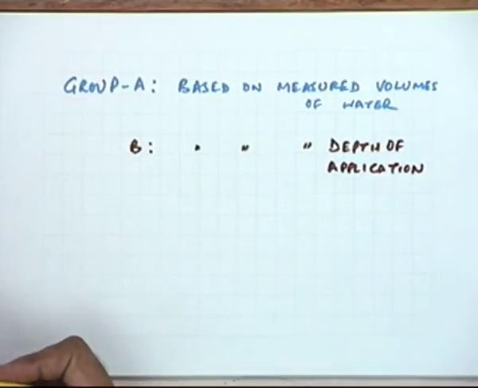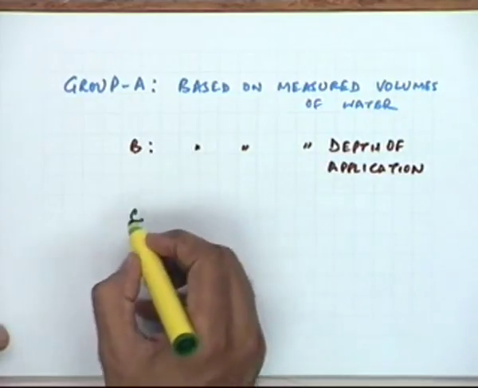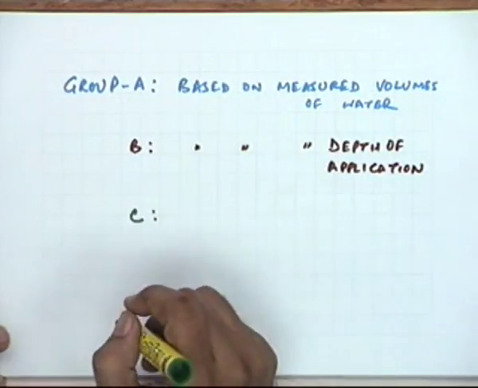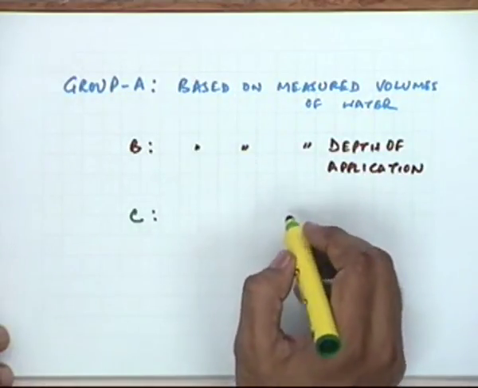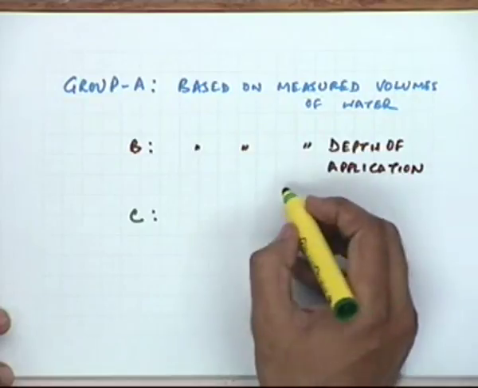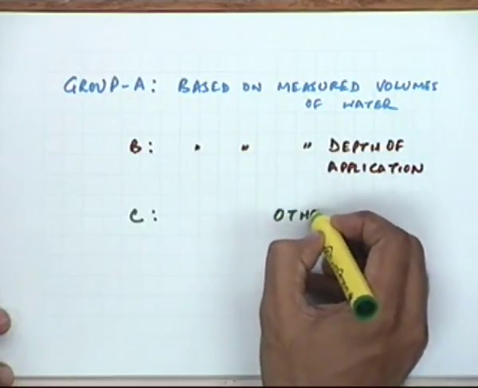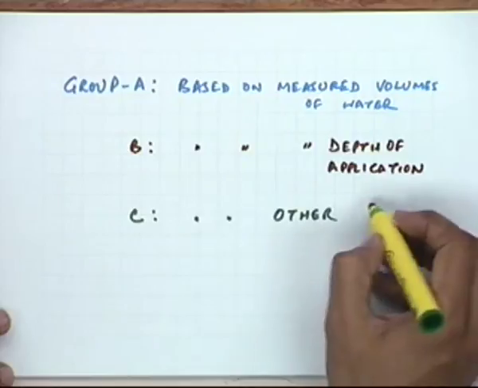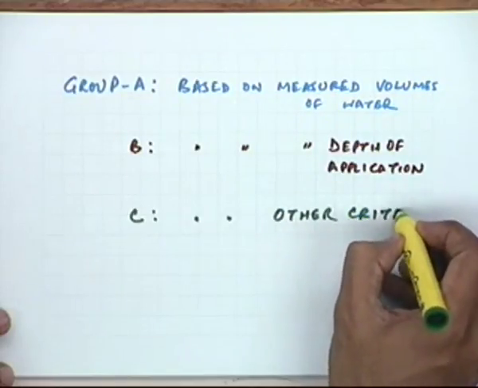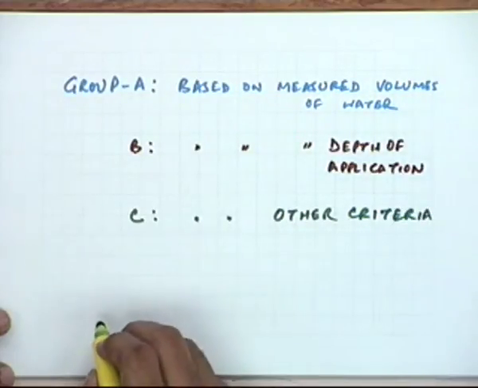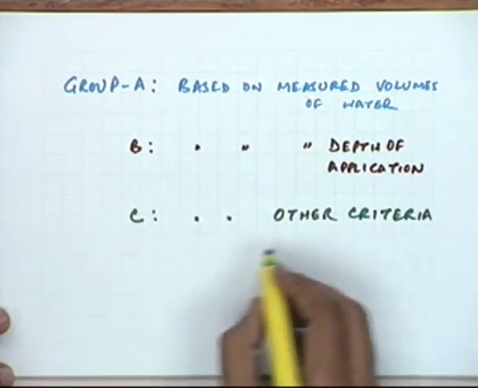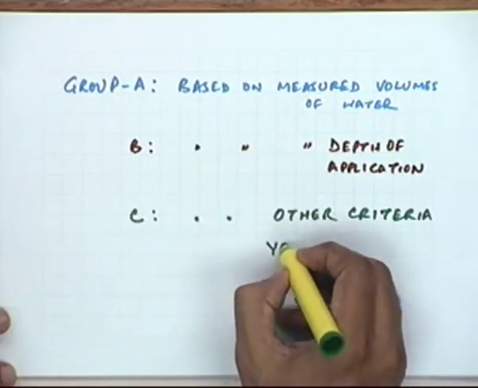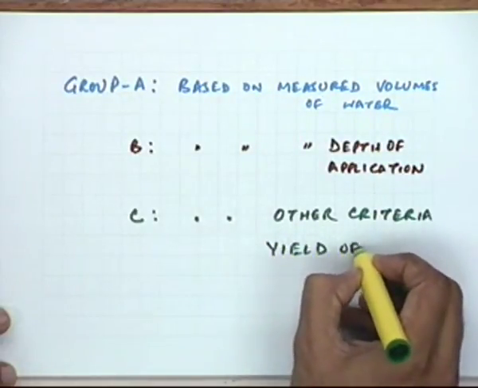And group C will discuss some other efficiencies which are based on some other criteria, and most of the time this criteria is dependent on or is related to the yield of the crop.